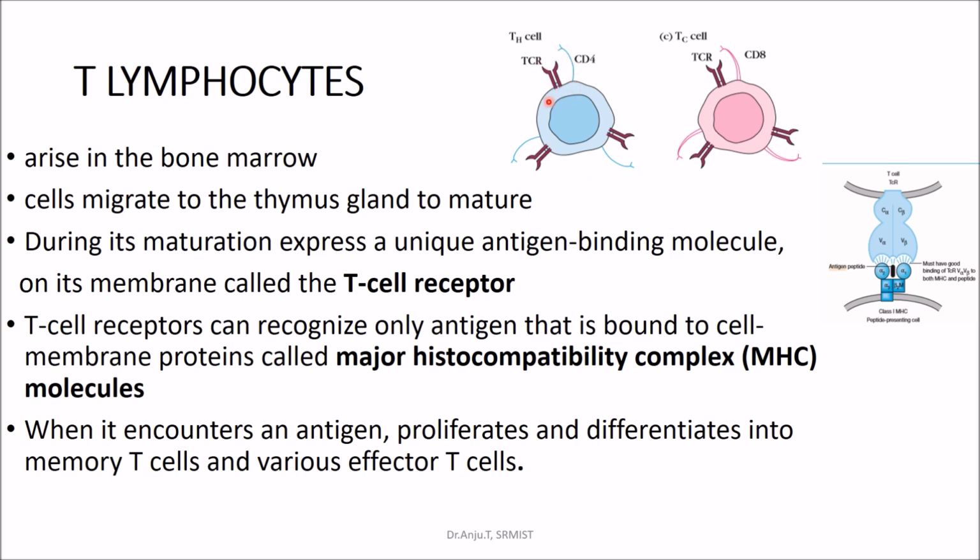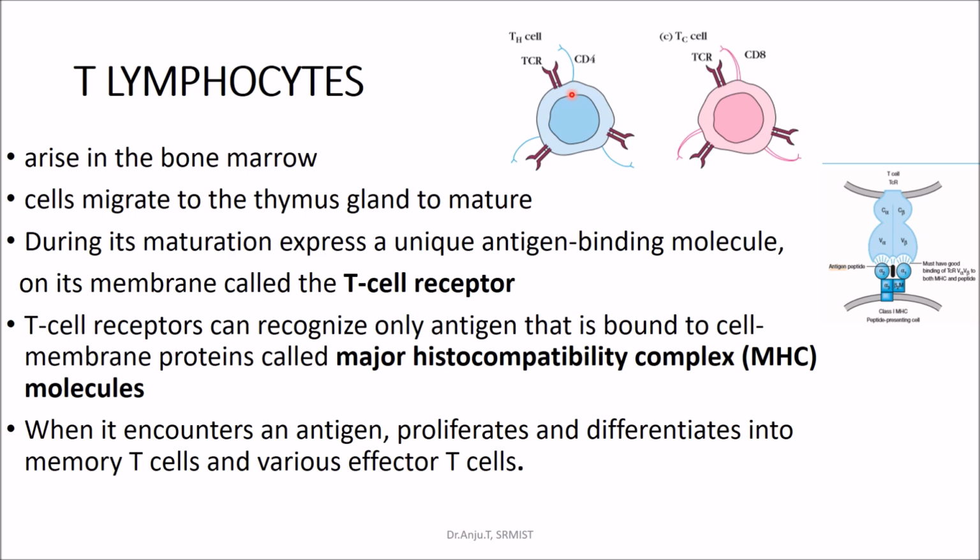Once they get matured, they express the cell surface protein called the T cell receptor. These T cell receptors help in recognizing and binding.